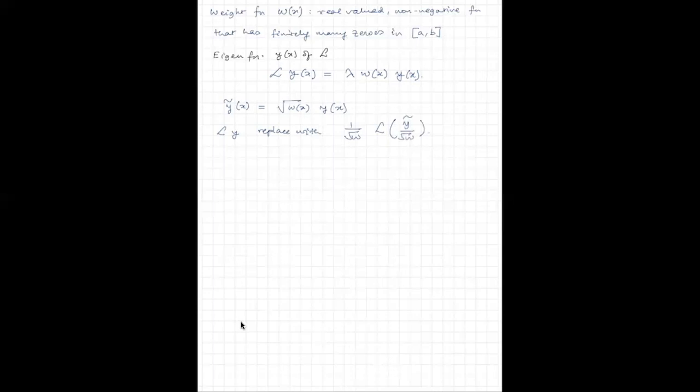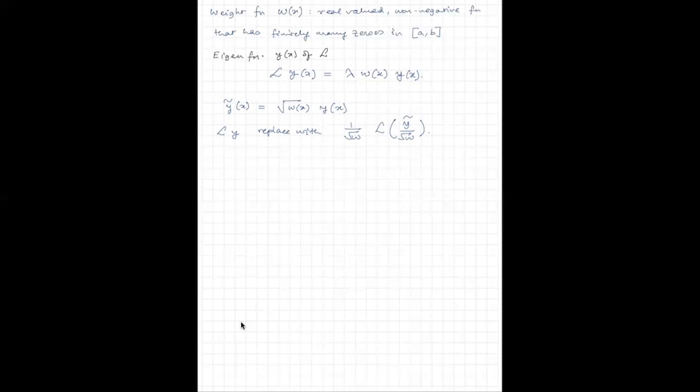So the weight function does not represent anything new, but it's just a convenient thing for many purposes. So let's just choose to keep it as well.